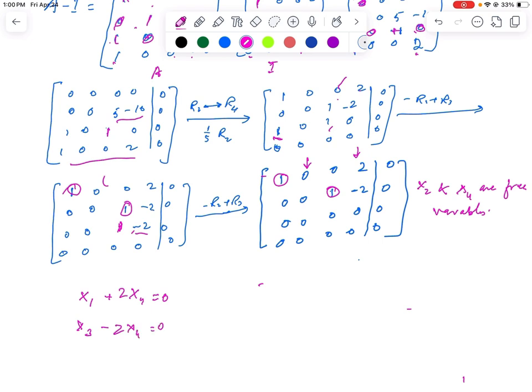So this gives me x1 is equal to negative 2x4, and from here x3 is equal to 2x4.